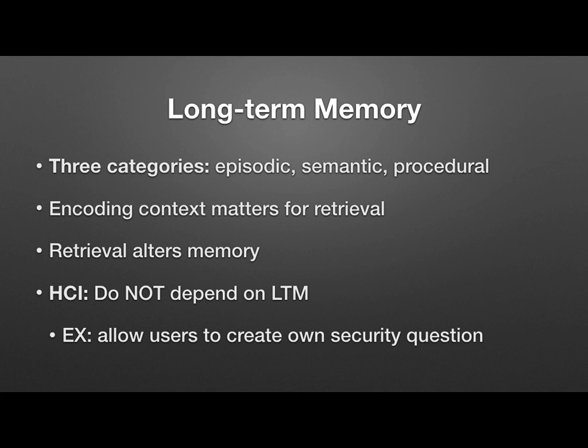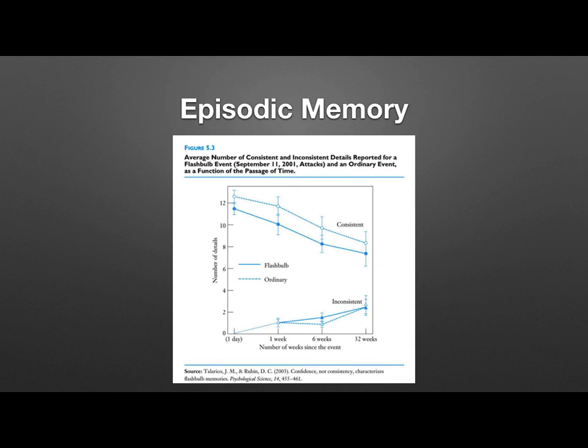Another thing that's really interesting: encoding matters a lot. For example, if you study for a test while you're high on marijuana, you should definitely get high before you take the test, because the context that you learned in needs to be the same as the context that you test in.